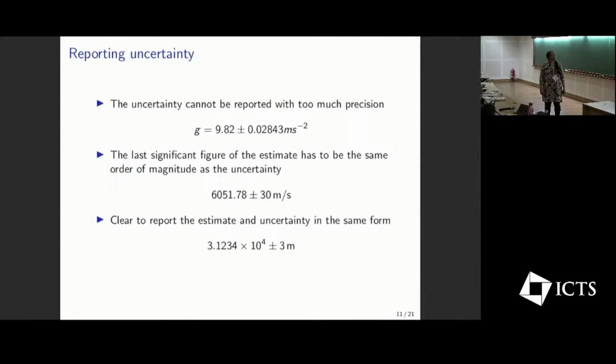6051.78 plus or minus 30 meters per second. 6050 plus, absolutely. Why not 6051 plus or minus 30? Oh.